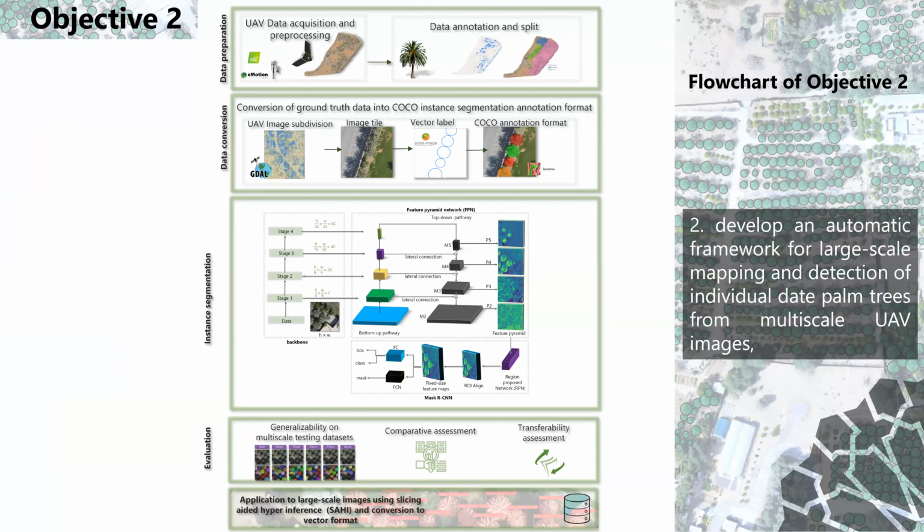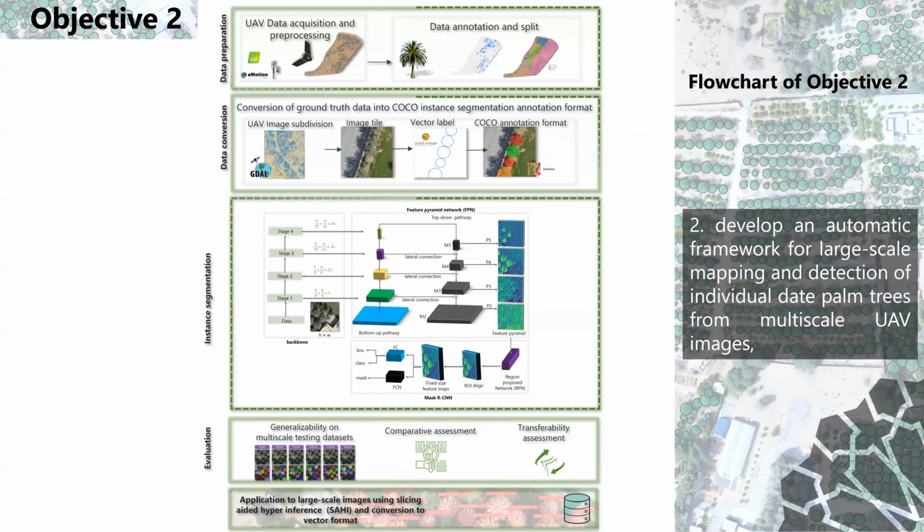And the second task was to develop an automatic framework to detect individual dead palm trees. So the method here, I will go swiftly. Following the data preparation, a data conversion framework was developed to convert the data to the Common Objects in Context instance segmentation annotation format.